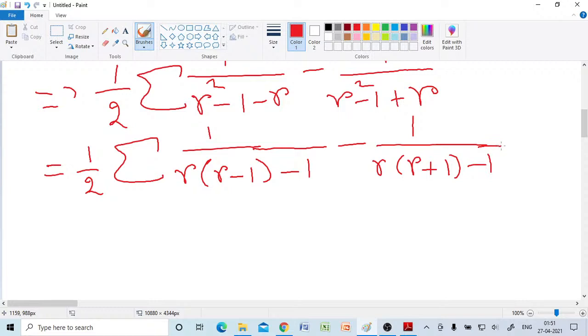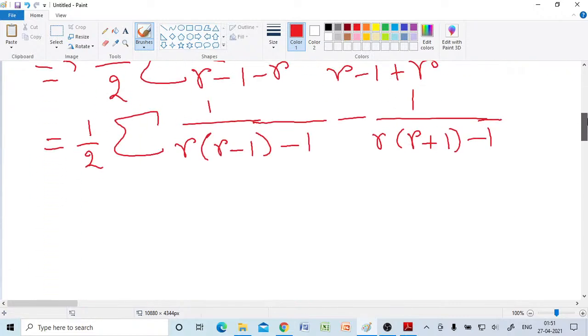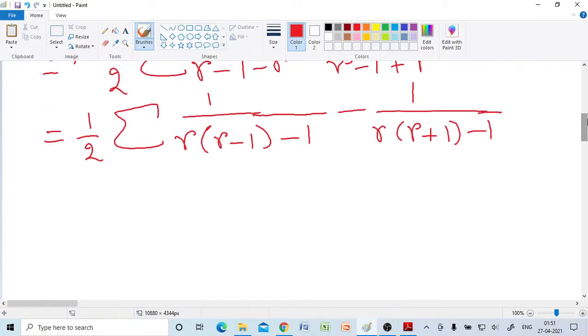Okay, so can we form a telescoping series from here? Well, I'm not sure. Let's see. Now obviously r ranges from 1 to 10, so let's see what we have.